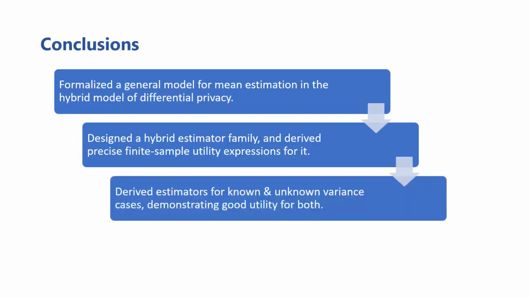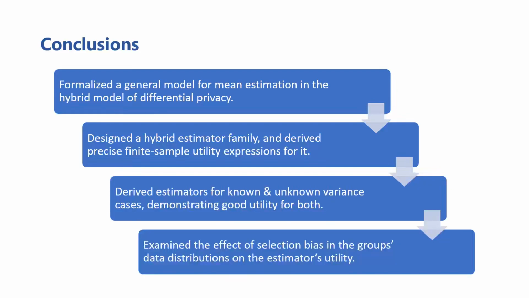Then, from this hybrid estimator family, we derived estimators for both the known and unknown variance cases, demonstrated that they achieve good utility, and examined how selection bias in the user's self-partitioning process can affect their results. Overall, for the problem of mean estimation, this shows that even with solutions as simple as a weighted combination of the classic model's estimates, the hybrid model can achieve significant and provable practical improvements.